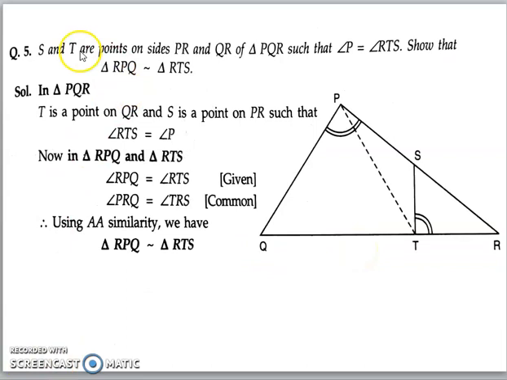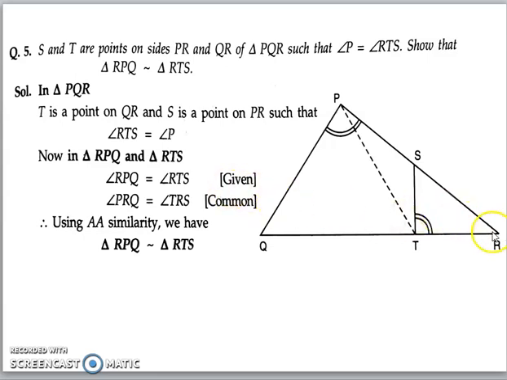Next, fifth problem. In the given figure, angle P and angle RTS are given to be equal, the marked angles, these two angles are equal. Show that RPQ is similar to RTS. Now, here one of the angles is given equal in these two triangles, PRQ and TRS.